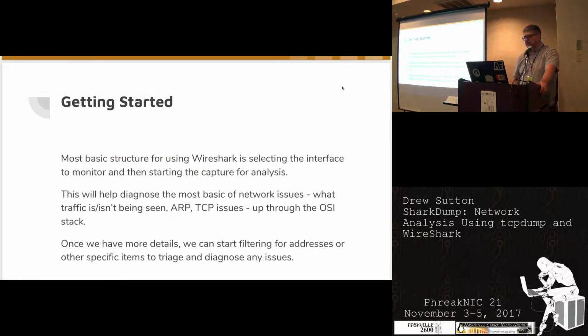Getting started, the most basic structure for using Wireshark is to select your interface and then hit the Shark button, and it'll start capturing all the packets. This helps diagnose the most basic of network issues, such as what traffic is being seen, any ARP issues, TCP issues, and you can continue to work your way up through the OSI model for that.